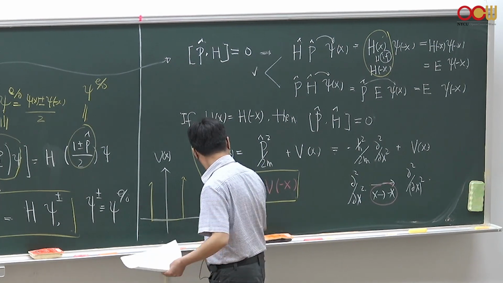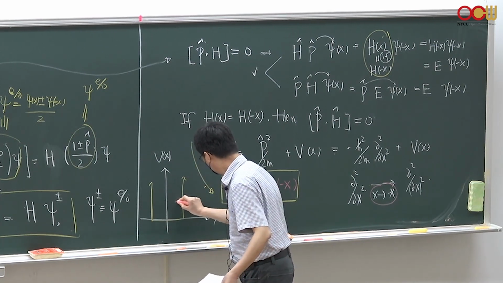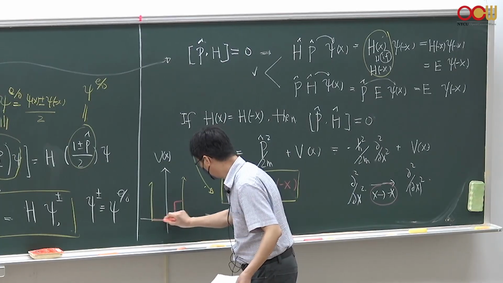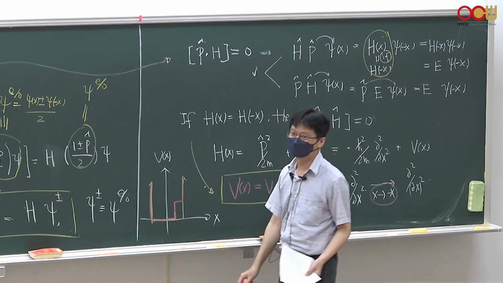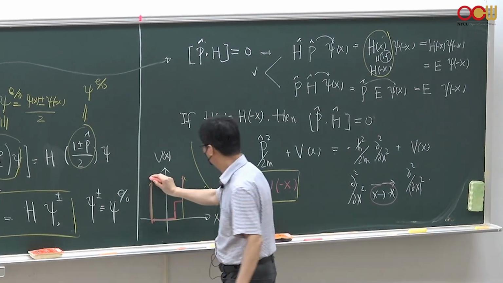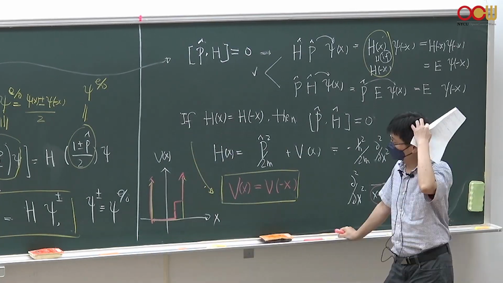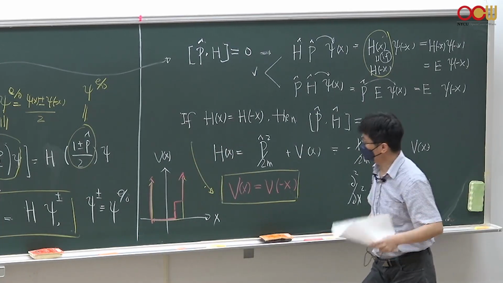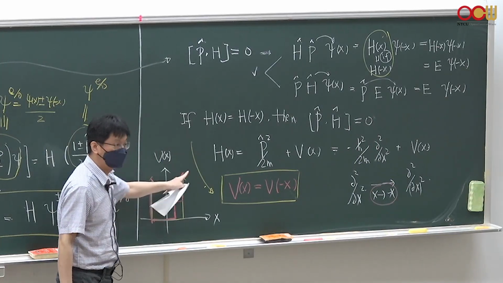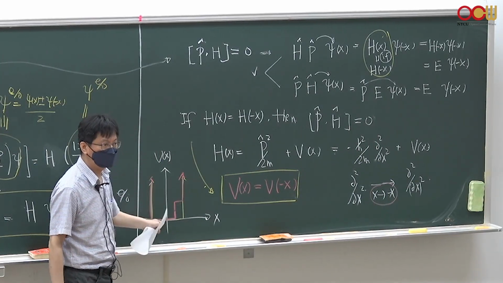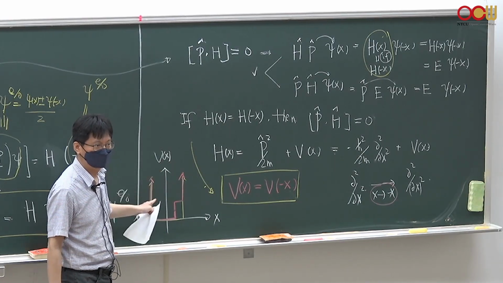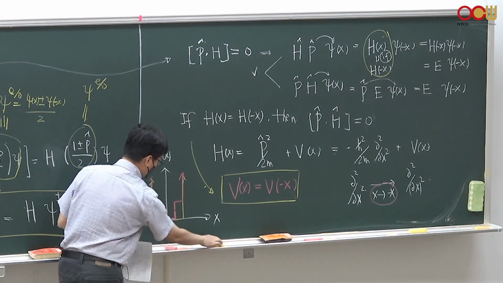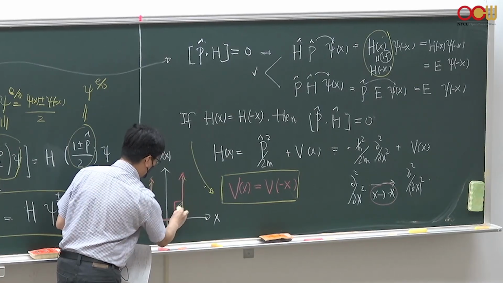For example, the easiest example is that if I have this very strange shape of this potential, like this red, then we could see very clearly that this potential bounded by the red is not mirror symmetric, because there's a missing piece right here.